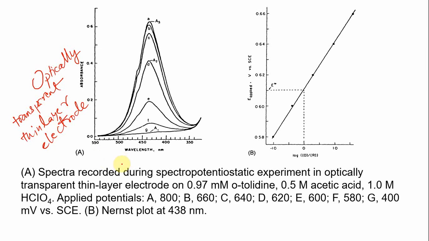when the experiment is performed, the curve is recorded after application of 0.800 volt, and this causes complete oxidation of tolidine.